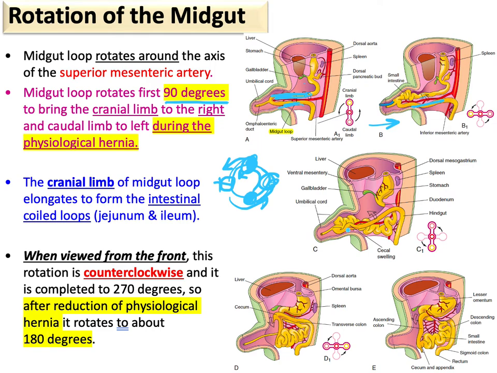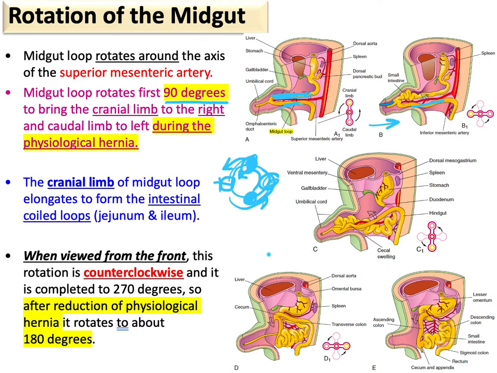Then what's the next step? The next step is that the limbs will be retracted back to the abdomen. They have to return back to the abdominal cavity, but during that process of retraction, and also after they retracted inside the abdominal cavity, they were rotated 2 times, right?